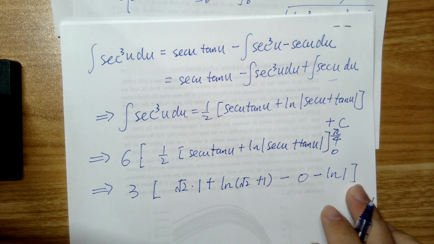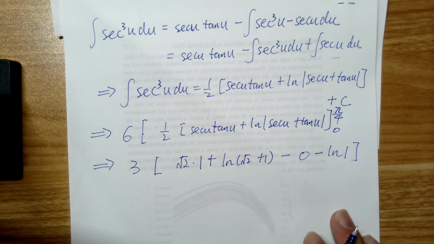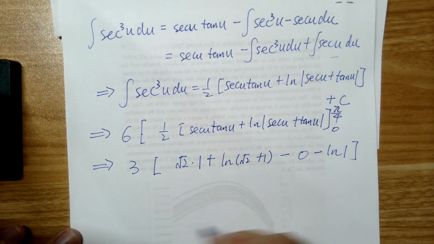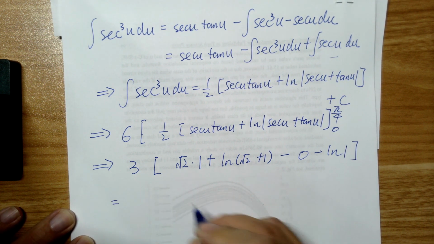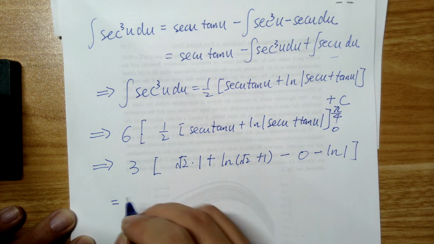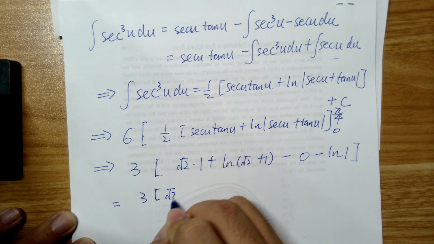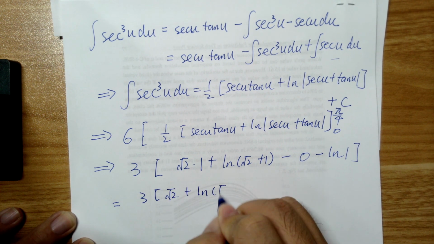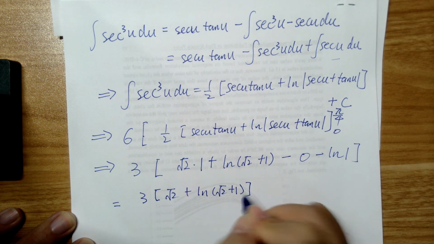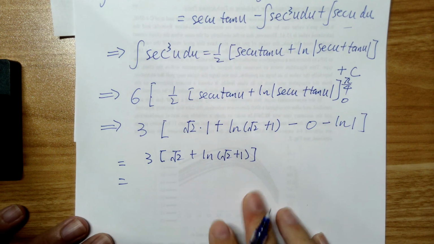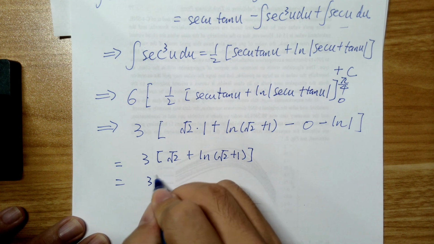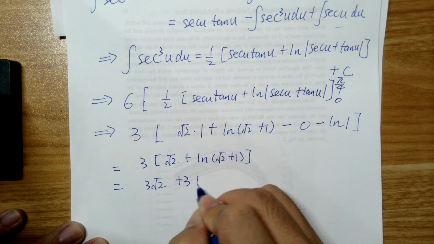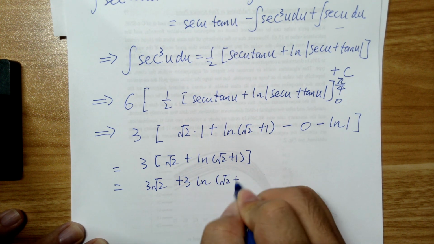And ln of 1 is also 0. So the final answer becomes 3 times square root of 2 plus ln of square root of 2 plus 1. And of course you can simplify it into 3 square root of 2 plus 3 ln of square root of 2 plus 1.